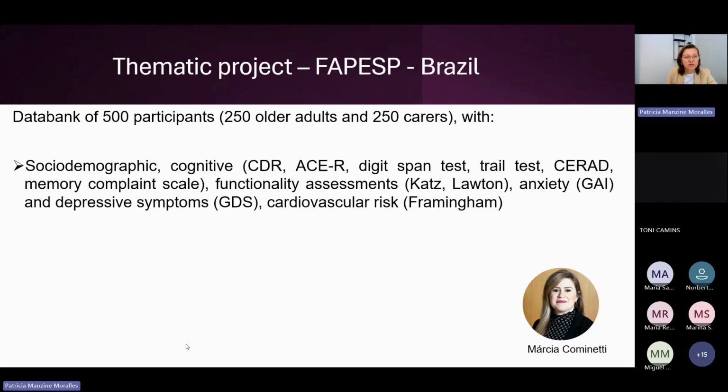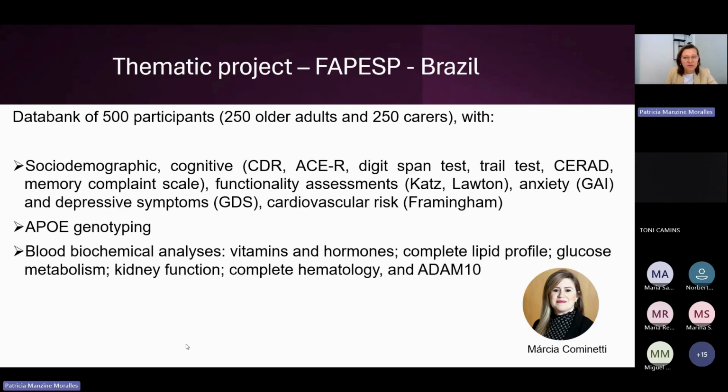In addition, we are trying to assess several neuropsychological and biological informations, and also thinking about the future application of these results in biosensors for the diagnosis of Alzheimer's disease.